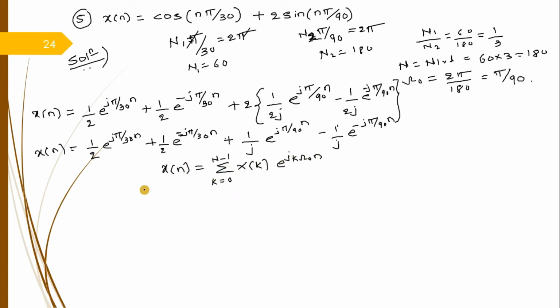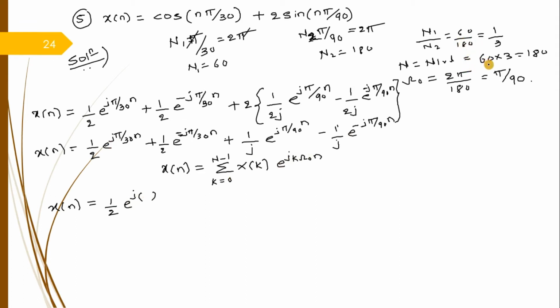So now compare. The first term of x of n can be written as, let this be 1 by 2 in place of x of k. Now here I just write it, observe carefully, j in place of j, k let me decide it later. Then omega naught is there. What is omega naught?